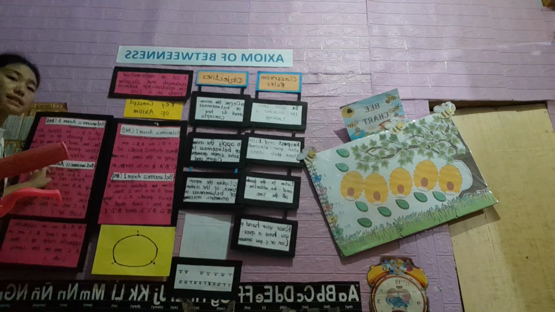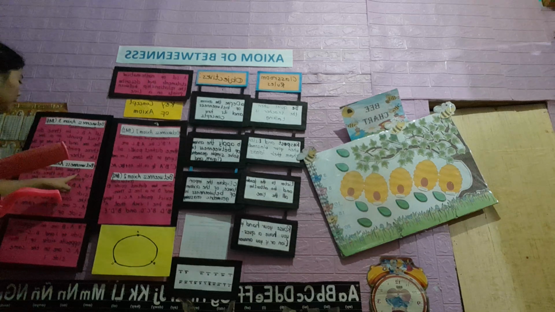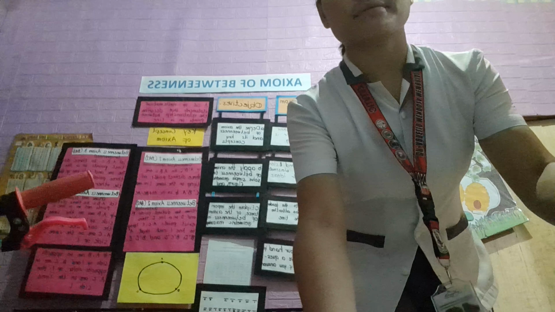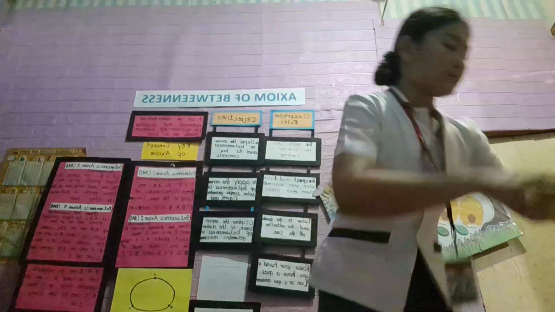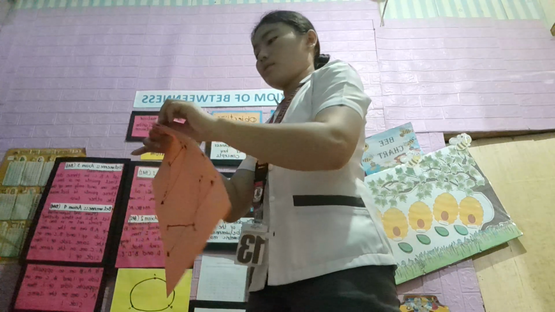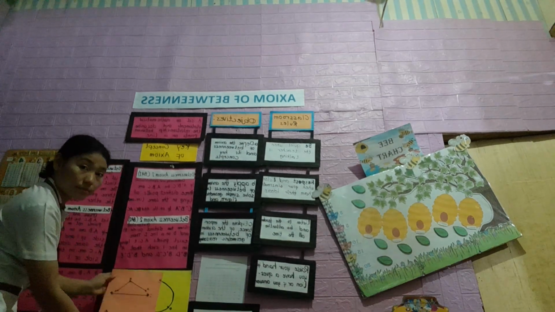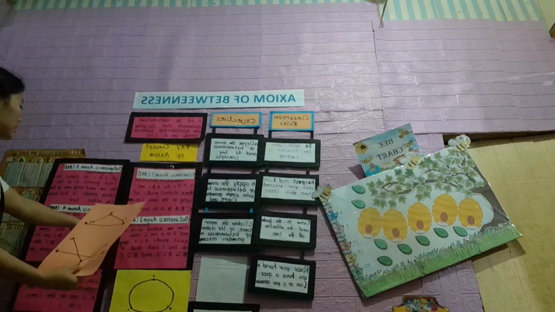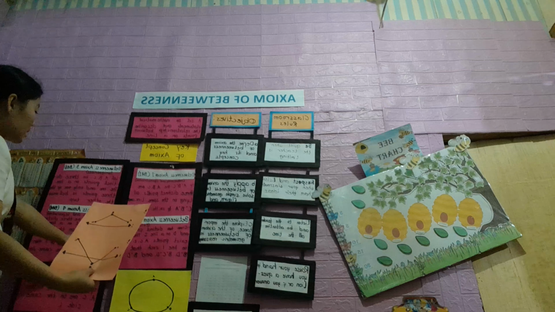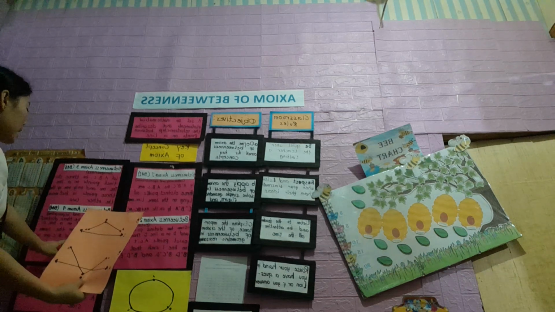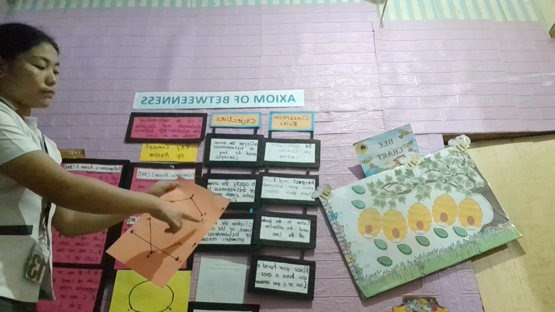This is part of the Betweenness axiom 4, or plane separation. I have here a figure. You can see B is the center of A and C, 3 distinct points not on a line 1. If A and B are on the same side of 1 and B and C are on the same side of 1, then A and C are on the same side of 1. Here is the figure 1.